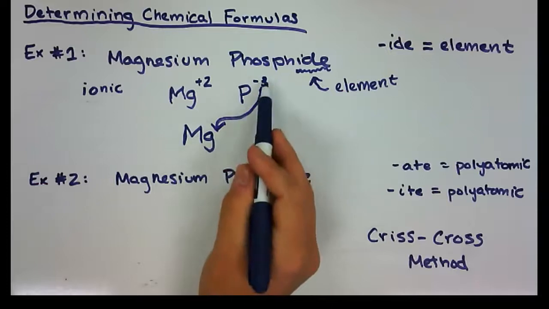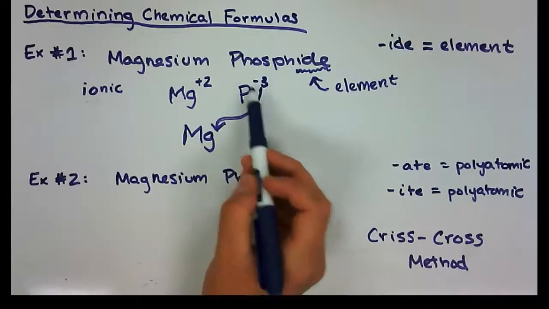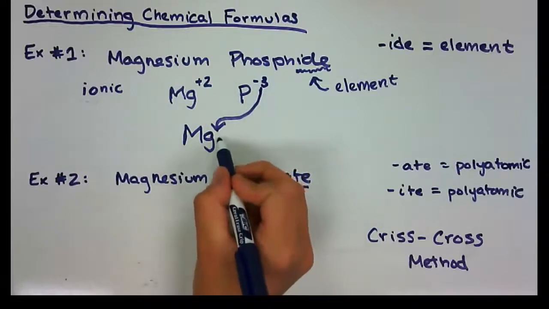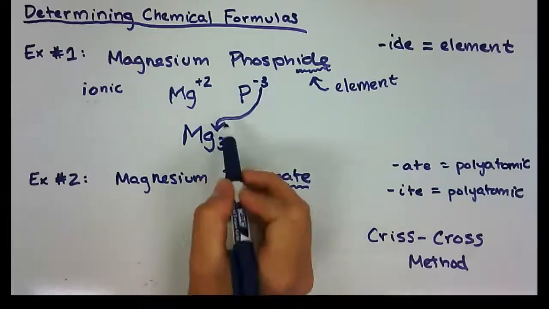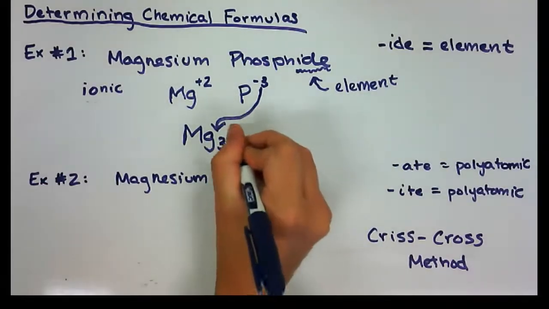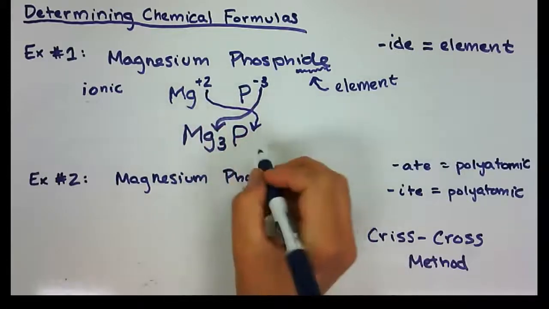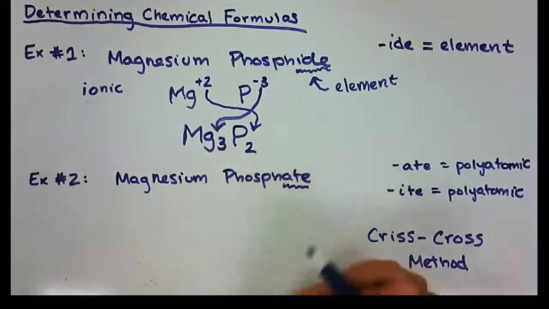So this 3 up here, we take the absolute value of the charge, not the negative part, just the 3, and bring it down to say that we need 3 magnesiums. For phosphorus, we do the same thing. We take this 2, bring it down as a subscript, and put that there.